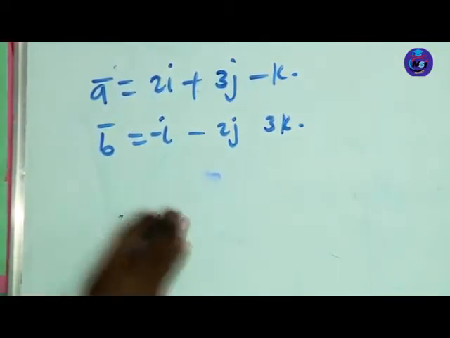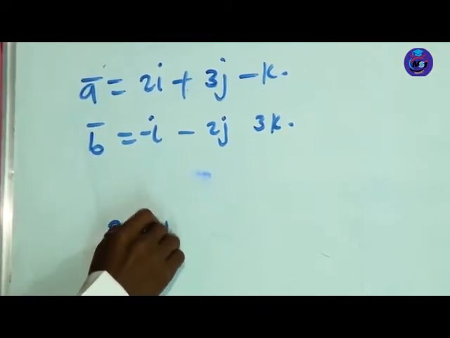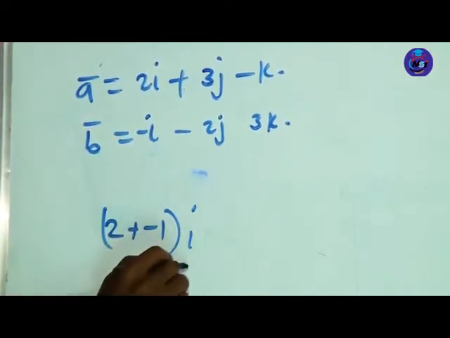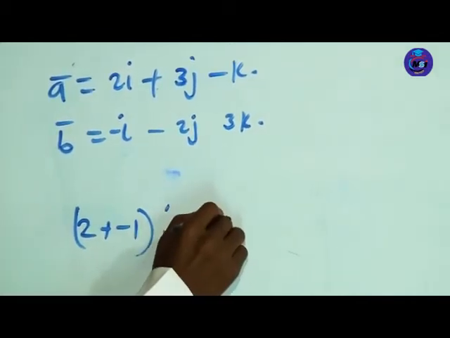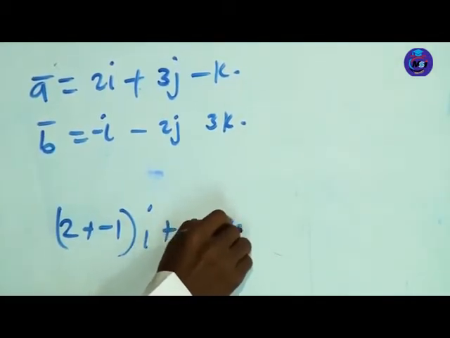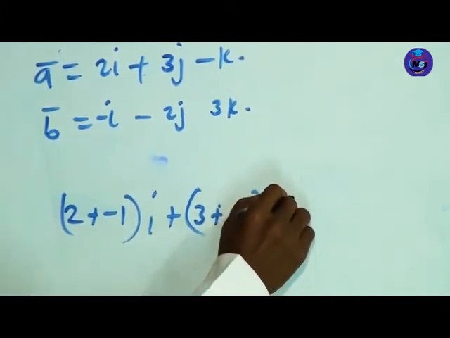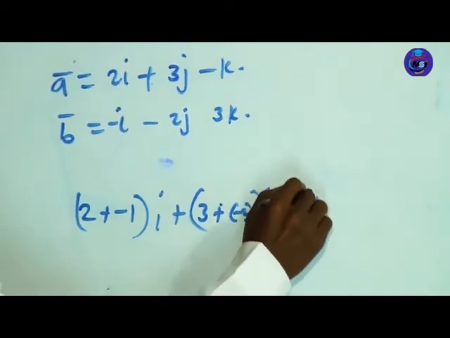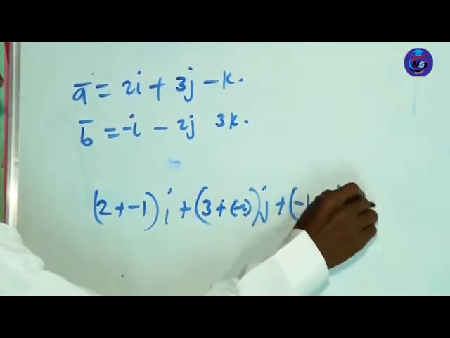So we can take the coefficient, that is 2 plus minus 1 i, then we have 3 plus minus 2 j, we have plus minus k plus 3k.